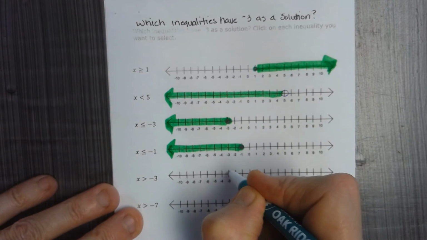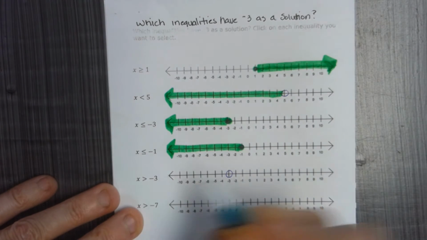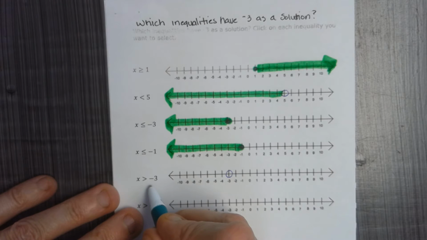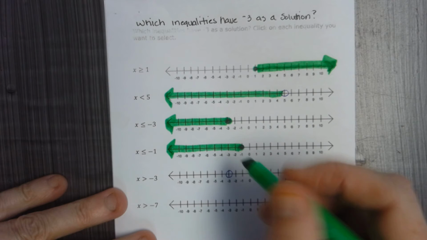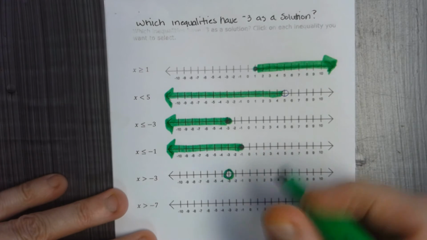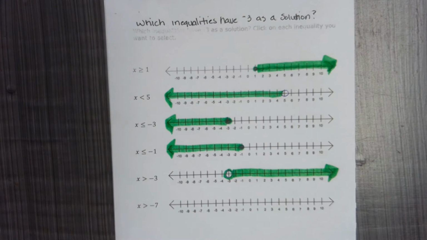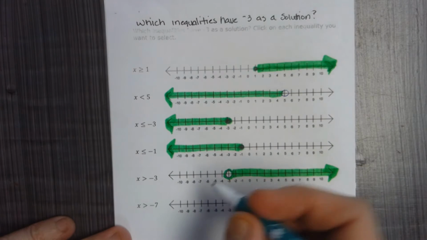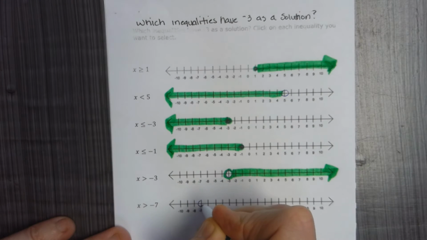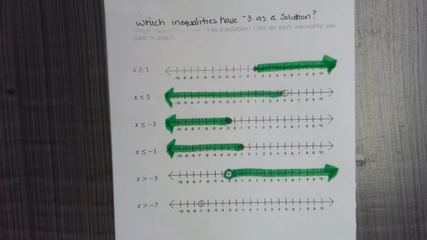X is greater than negative 3 is an open circle because the solution does not include the value negative 3, and greater than. X is greater than negative 7. It's an open circle on the negative 7.